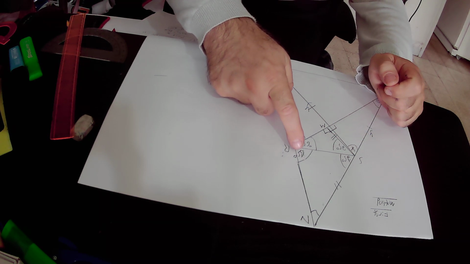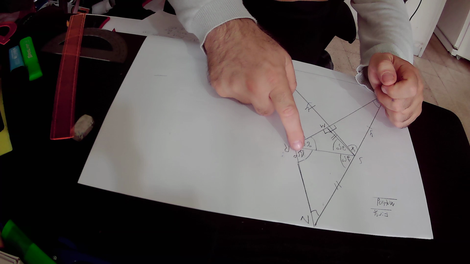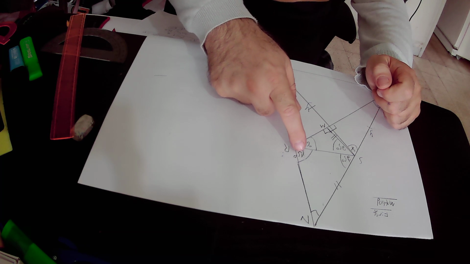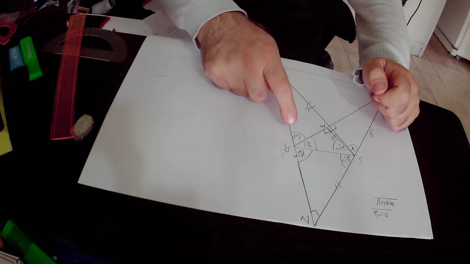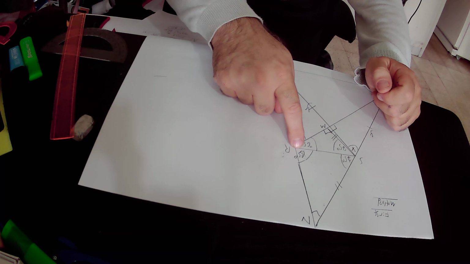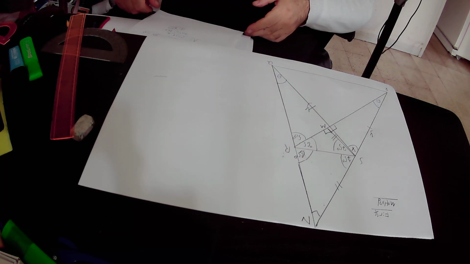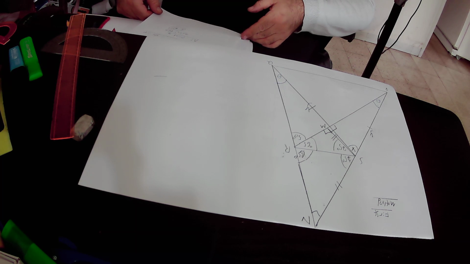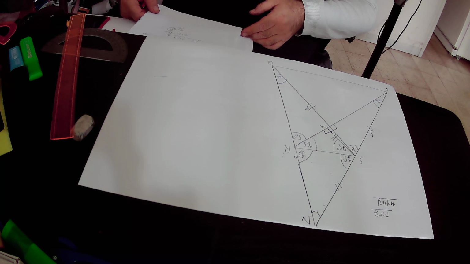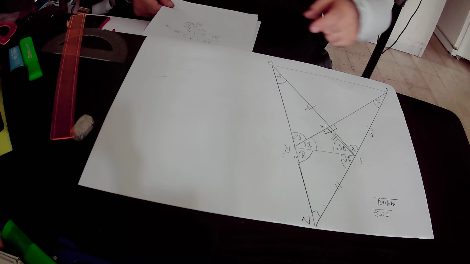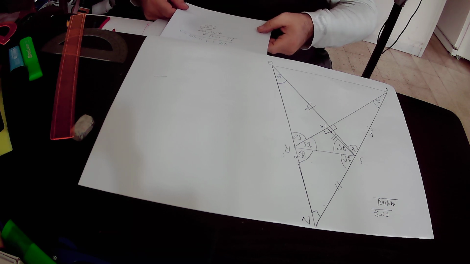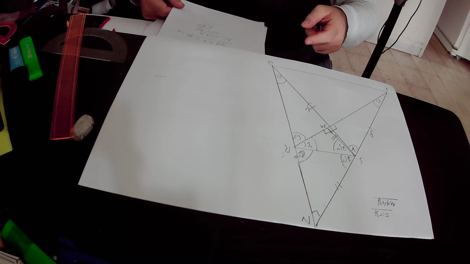Therefore, this angle SRM must be equal to 65 degrees in order to complete the sum of the angles to 180 degrees. So this angle equals 65 degrees.